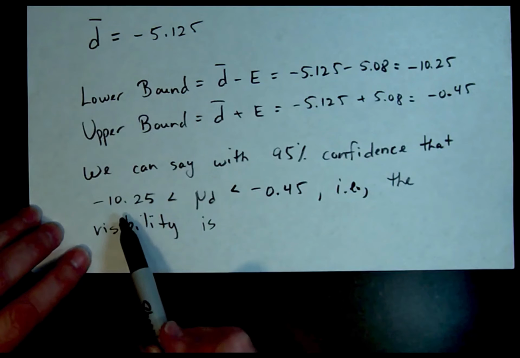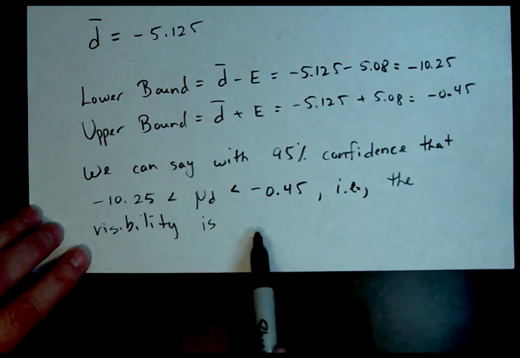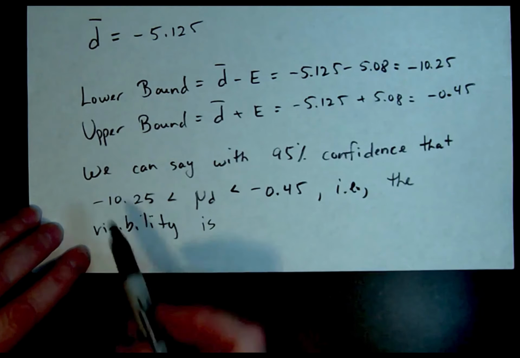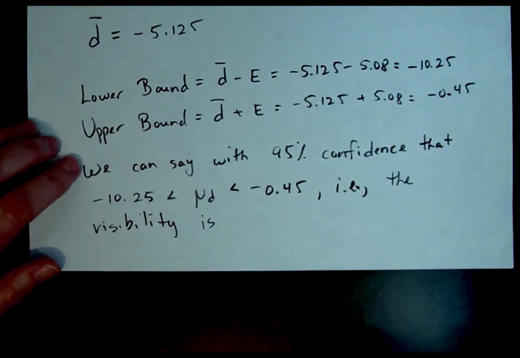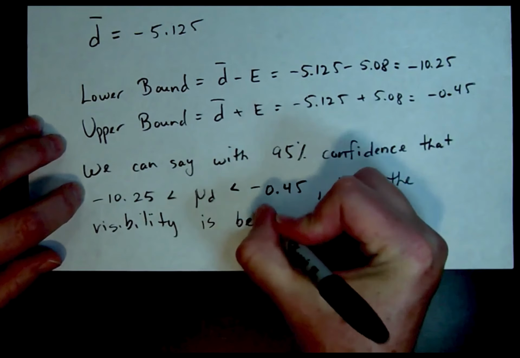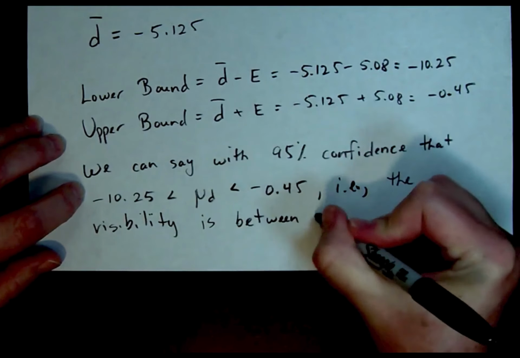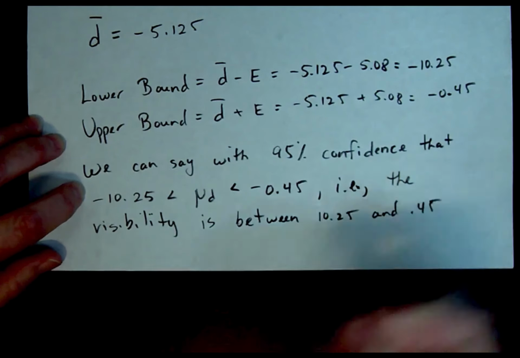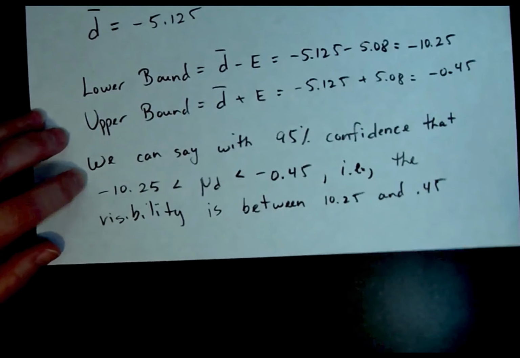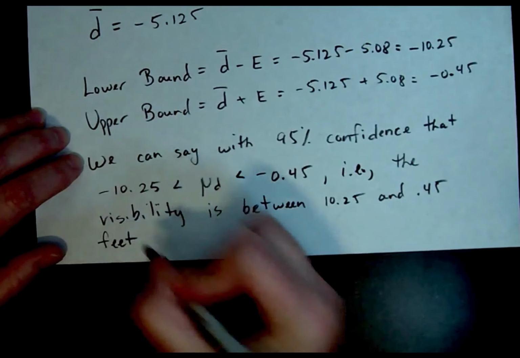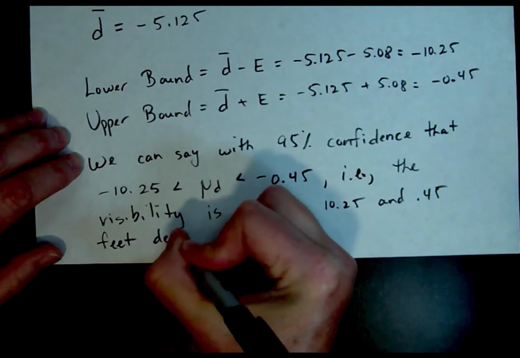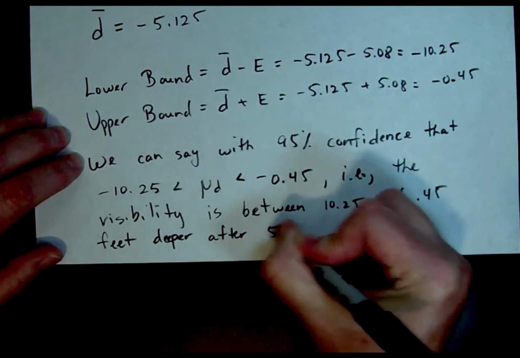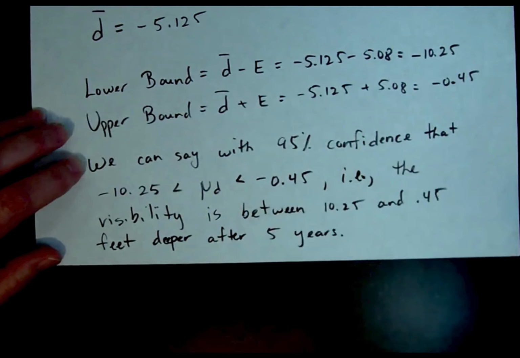So when I state this out in words, I'm going to replace the minus sign with the word deeper, because that's what the minus sign is indicating. So the visibility is between 10.25 and 0.45 feet deeper after 5 years.